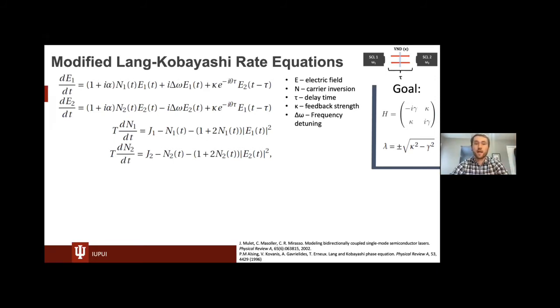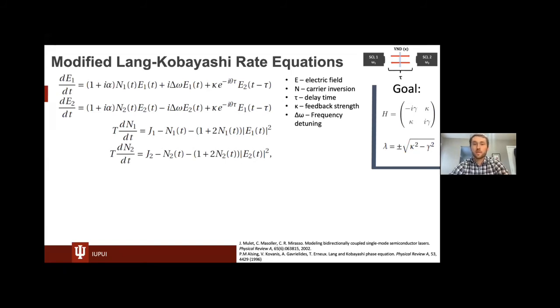The last term has the coupling rate kappa, and then there's this term here that has the explicit time delay. So we see that the rate of change of electric field 1 depends on the value of electric field 2 evaluated at a time earlier. And that earlier time is tau, which is the delay time for the lasers. So we have our built-in time delay through that last coupling term in the first 2 equations.